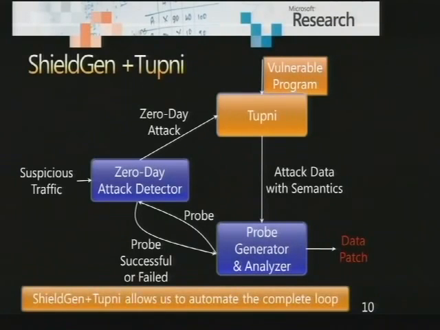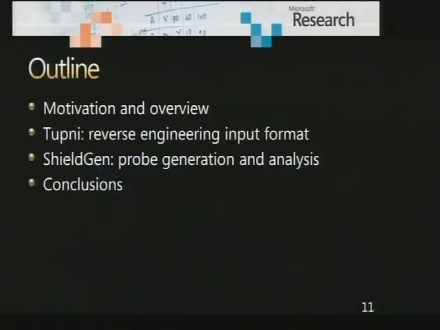With Shiogen and Tupni, we can automate the complete loop. Once we receive suspicious traffic, everything is automated, and at the end we can derive the data patch.